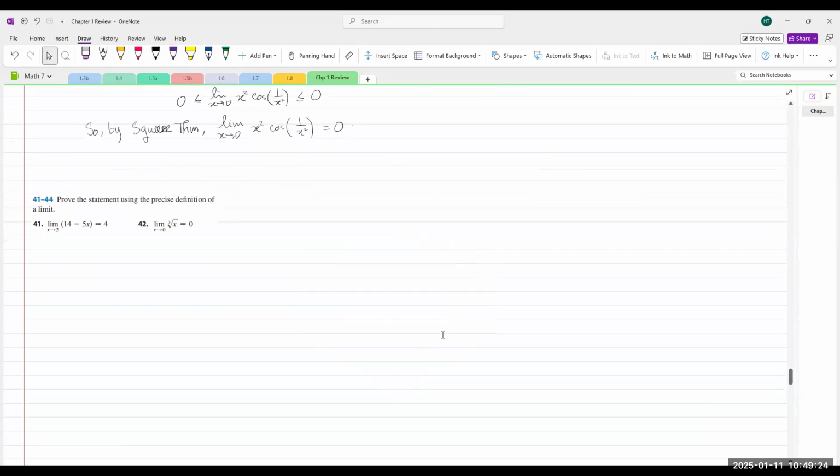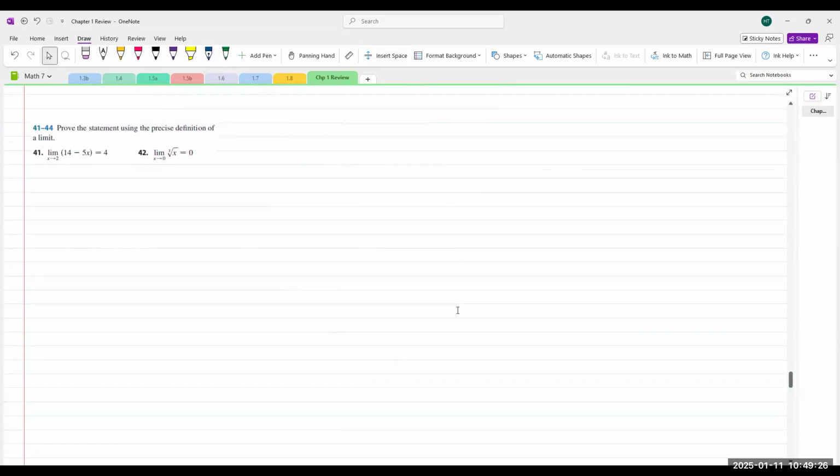Prove the statement using the precise definition of limit. I think I want to say it this way: this type of question should be tested.